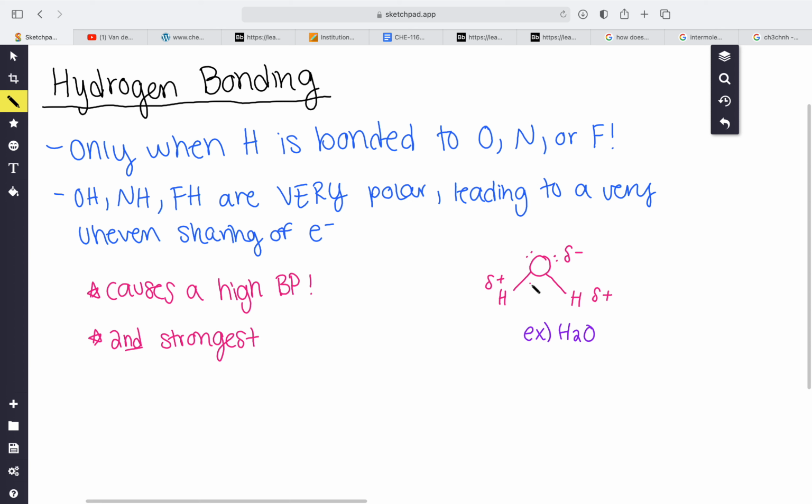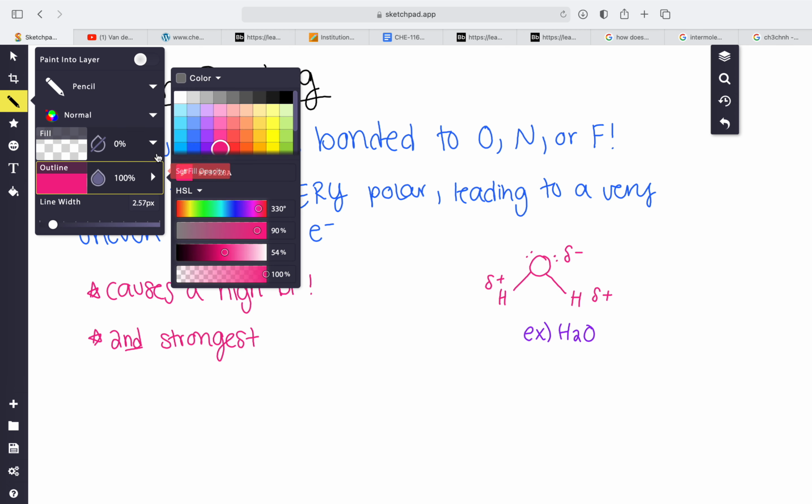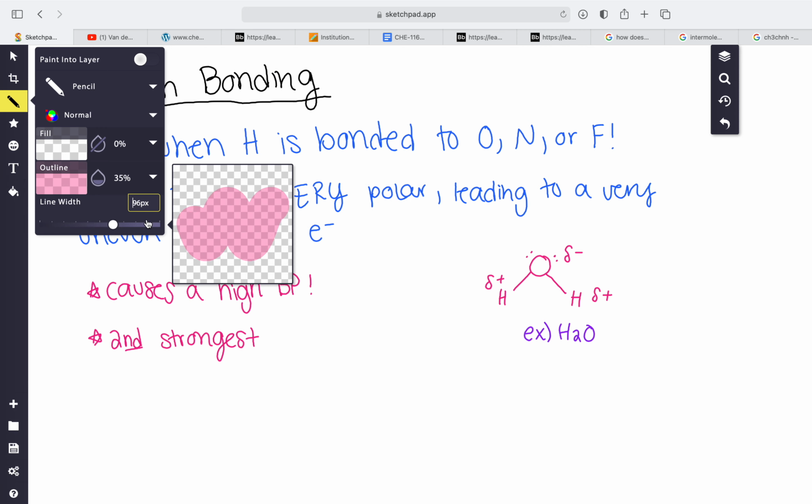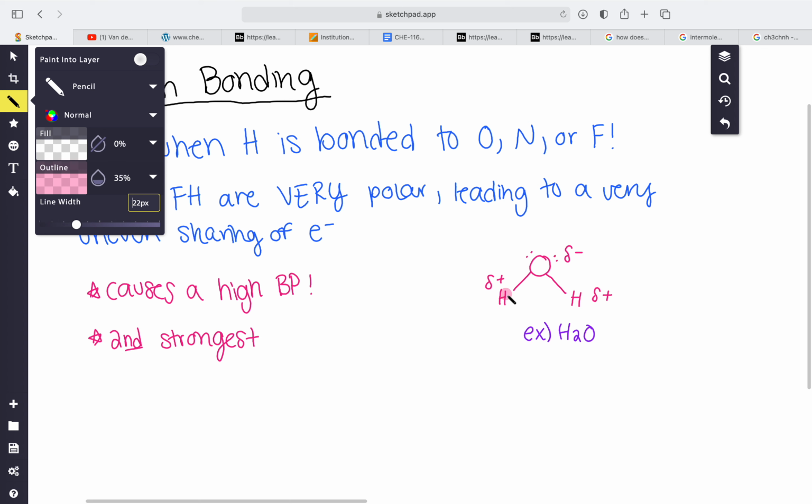So let's take a look at our water molecule here. As I was saying before, you have slightly positive and slightly negative. Let me try to draw out what the electron cloud would look like, right?